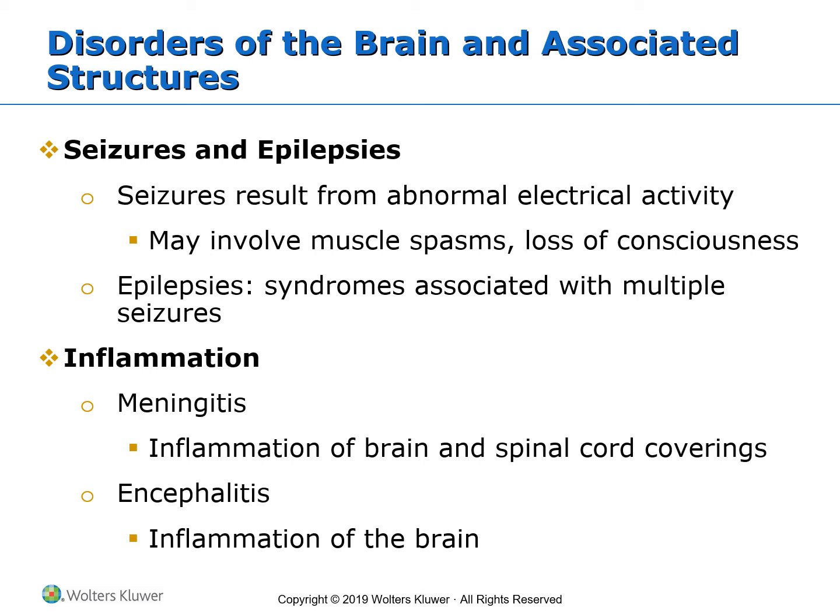Inflammations, we do have inflammation of both structures, both inflammation of the meninges or inflammation of the brain tissue. If the inflammation affects the meninges, it's called meningitis. Remember, itis is the suffix for inflammation.